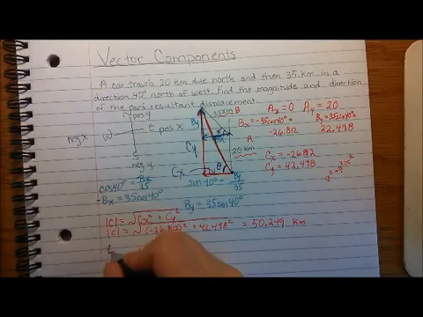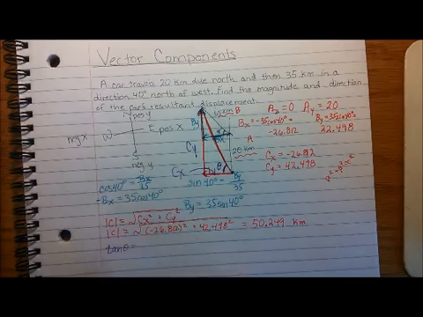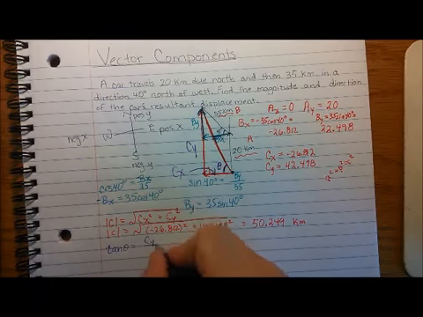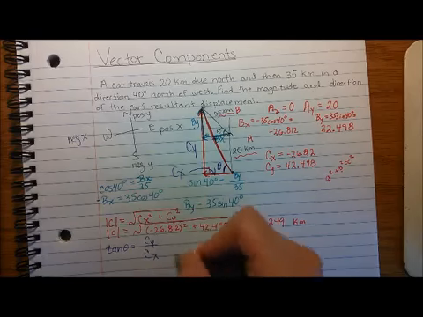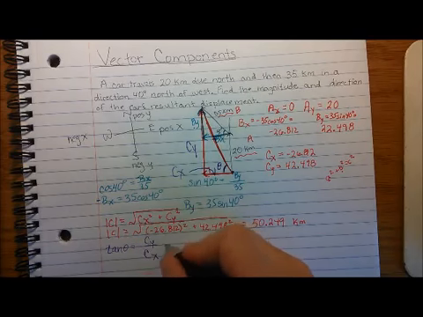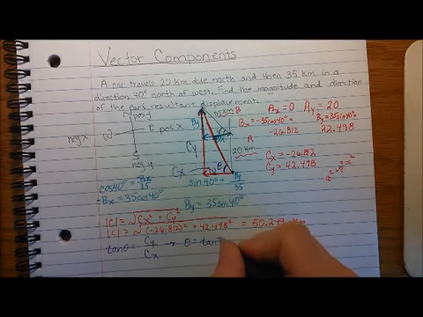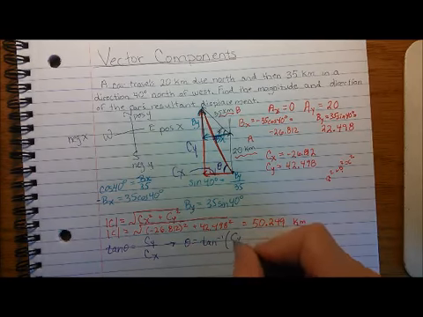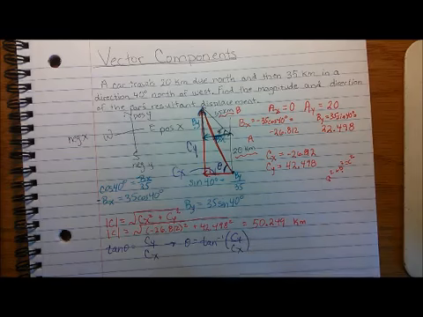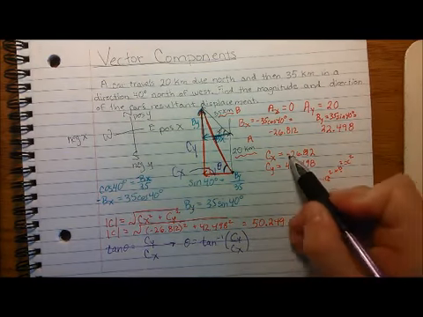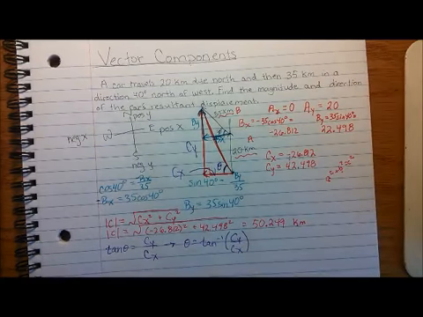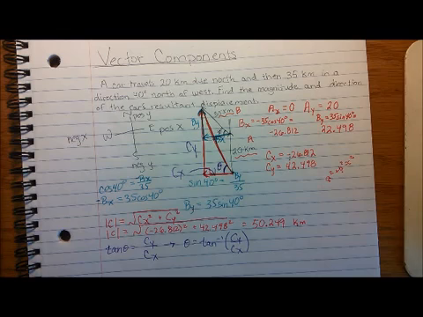So, you should get that the tangent of the angle is equal to cy over cx. So the angle is going to end up being equal to the inverse tangent of cy over cx. Now when you're finding the angle, you don't actually have to worry about the negatives here because we're going to add in direction words. The direction words will tell you whether it's positive or negative. You'll see what I mean in just a minute.